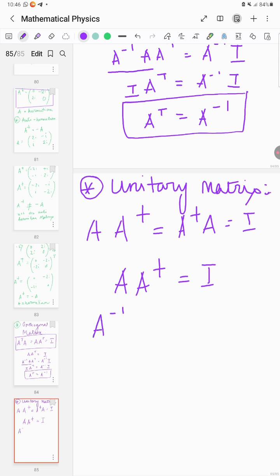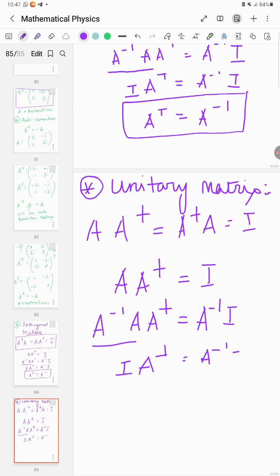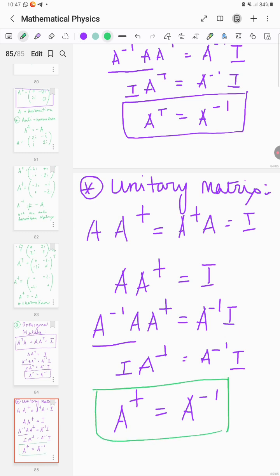So A inverse A A dagger is equal to A inverse I. Now A inverse A makes I, multiplied with A dagger is equal to A inverse into I. Now comparing both sides, what we can say is that A dagger is equal to A inverse, right? So this is the property of a unitary matrix, that its dagger becomes equal to its inverse.